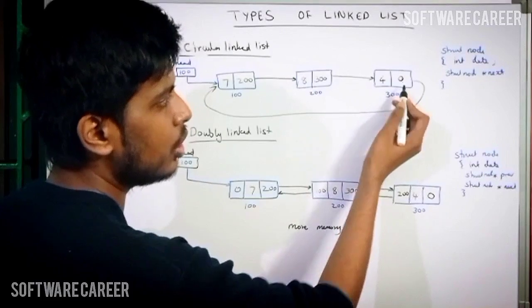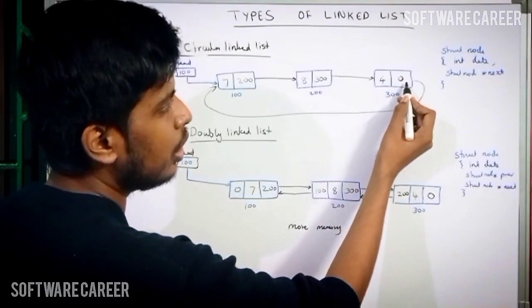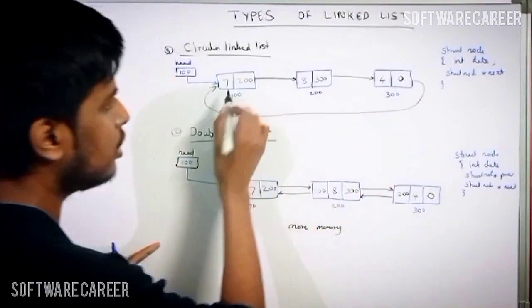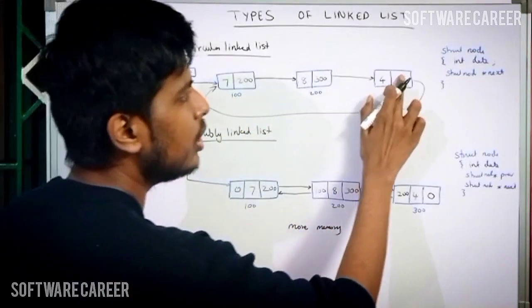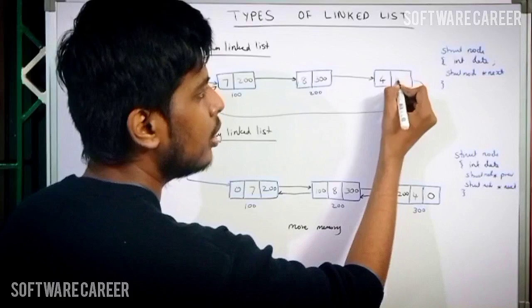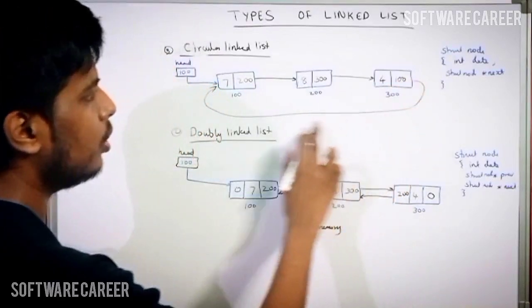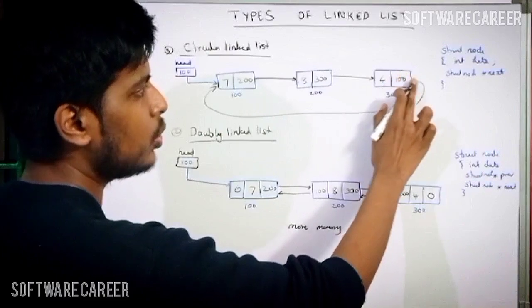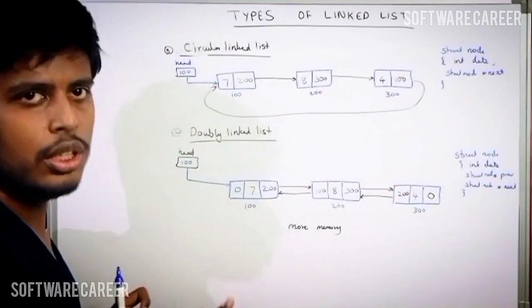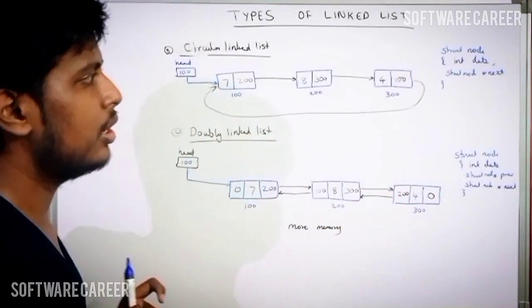What is the next node after the third? It is the first node. What is the address of the first node? It is 100. So instead of 0, I am storing 100 here. Now it creates a loop, and this pointer points towards the first node. Now it became a circular linked list.